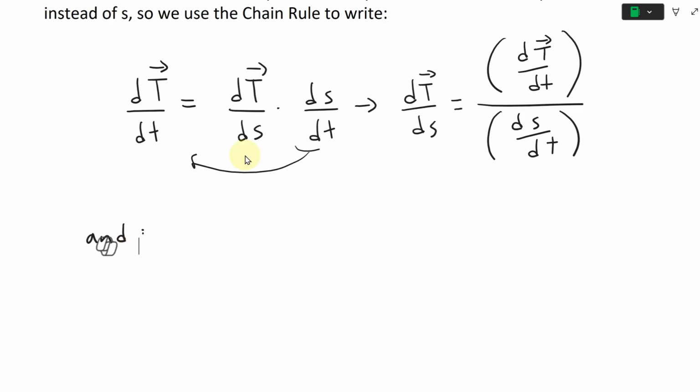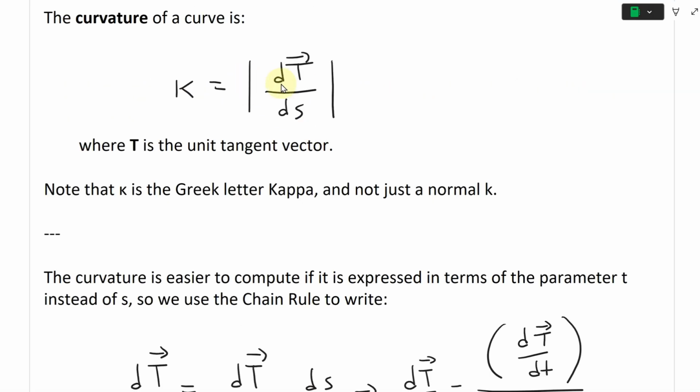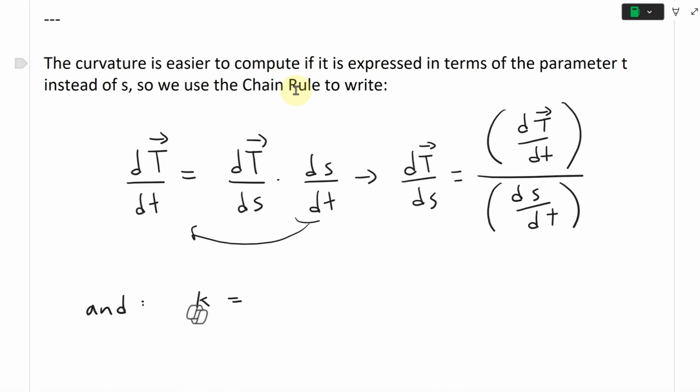All right, so now we have our curvature, kappa. Kappa is going to equal, and then we just plug that in there. Kappa is the magnitude of the derivative of the unit tangent vector in terms of the arc length function, dT over ds, which I'll put for completeness.